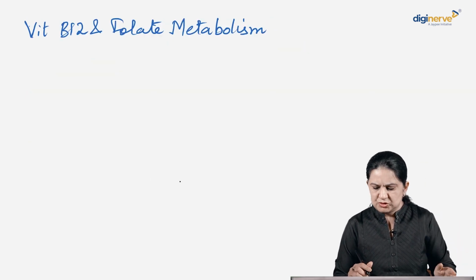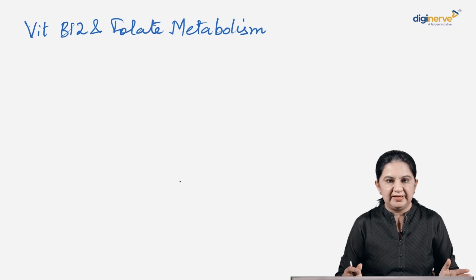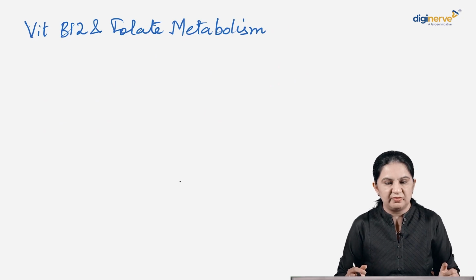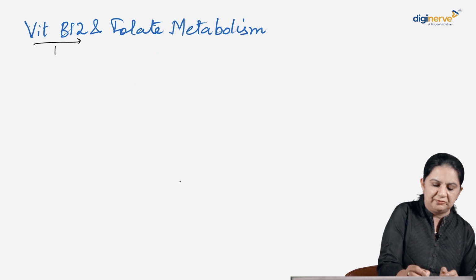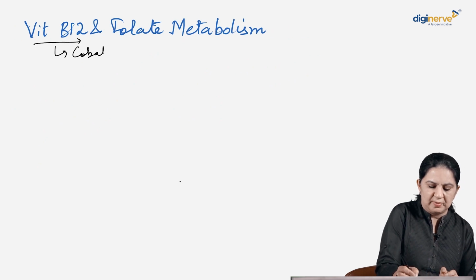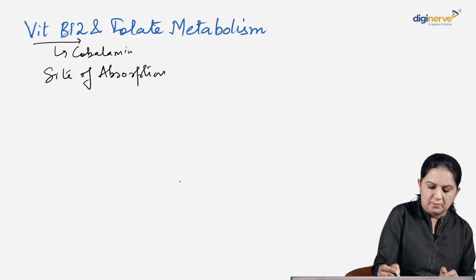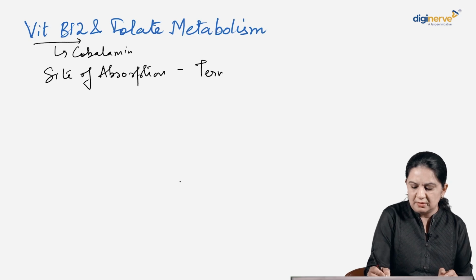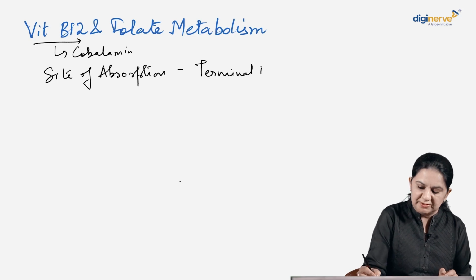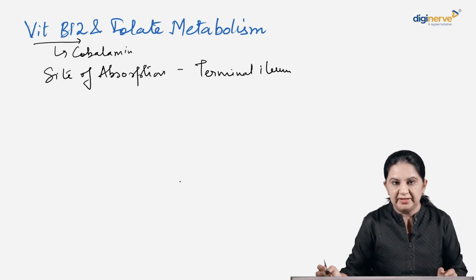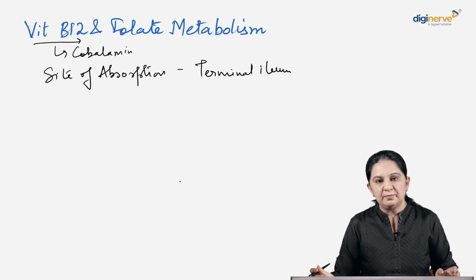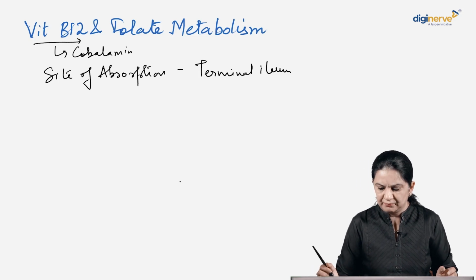So, let us quickly revise the metabolism of vitamin B12 and folate. Vitamin B12. Another name for vitamin B12? Yes, it is cobalamin. Site of absorption, I've already told you, terminal ileum. What was the site of absorption for iron? Very quickly, yes, duodenum and proximal jejunum.